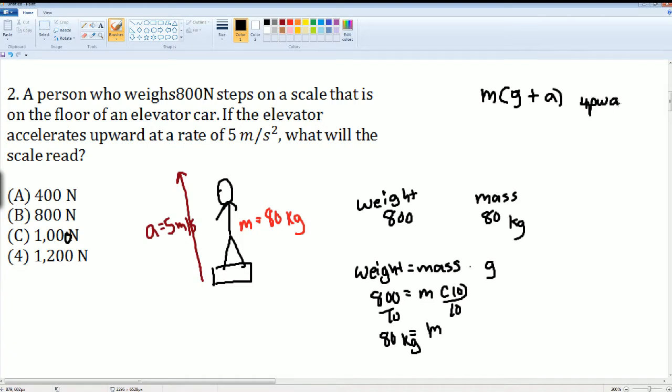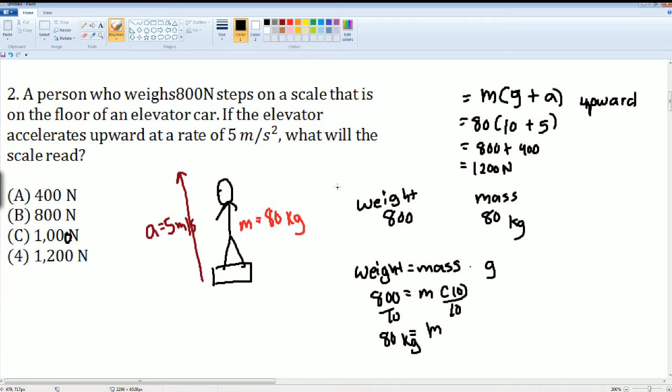So the net force is going upwards. So the mass of the object is 80, gravity was 10, acceleration is 5. Plug that into the calculator. This is 800 plus 400. So that becomes 1,200 newtons.